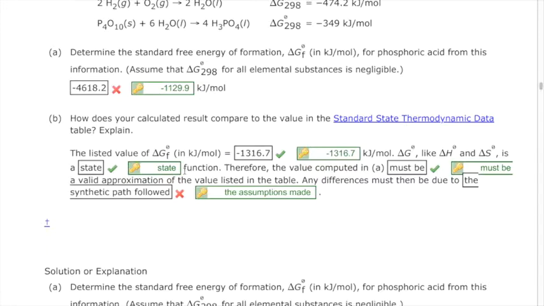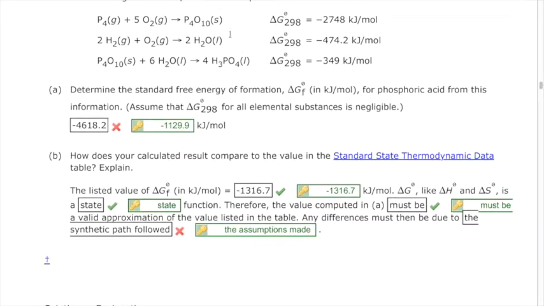Being that it is not contingent upon the path taken, any difference between the values we calculated from these component reactions, this stepwise, multi-step chemical process, and the actual value, the value we computed must be a valid approximation of the actual value, and any differences must be due to the assumptions made rather than the path followed.